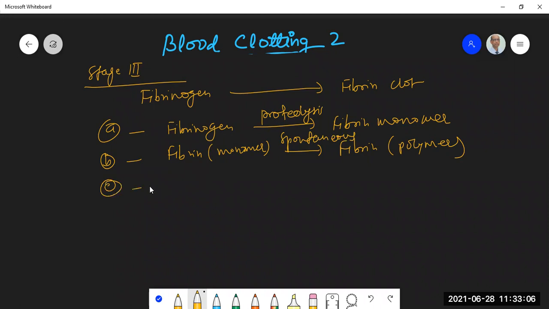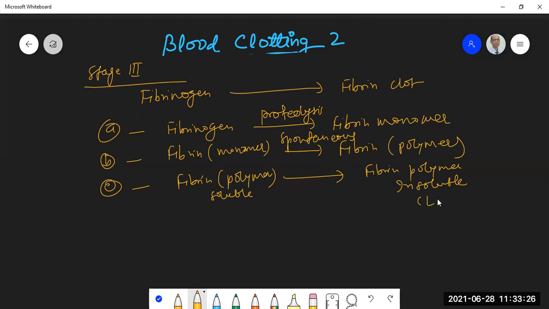And then substage C, where you have fibrin polymer which is soluble getting converted to fibrin polymer insoluble. It is called as clot. This is the only visible reaction, and this is an enzyme catalyzed reaction, transglutamination reaction. So that I'll be explaining it to you.